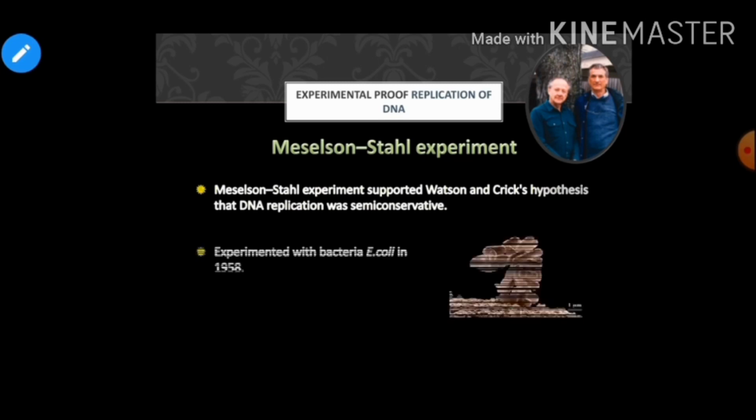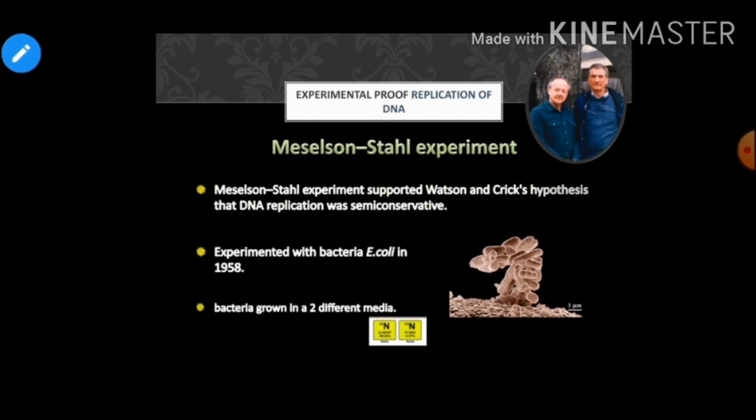Now children, it was experimented with the bacteria E. coli in 1958. Here on your screen is the diagram of Escherichia coli, named as E. coli. Even before the experiment was carried out, E. coli were grown in two different media.